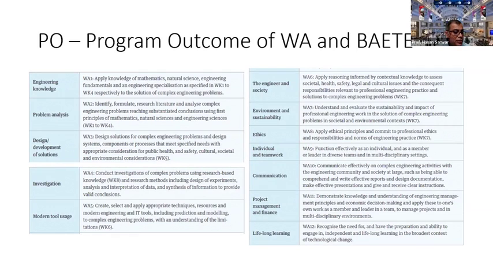Before going into details, we just have a little glimpse of the program outcomes of the Washington Accord. And as I said, as a local agency in Bangladesh, BAETE is also following the guideline of the Washington Accord. So the Washington Accord suggests these 12 program outcomes that should be complied with by a graduate at the time of graduation.